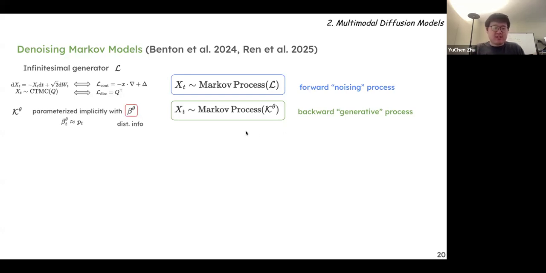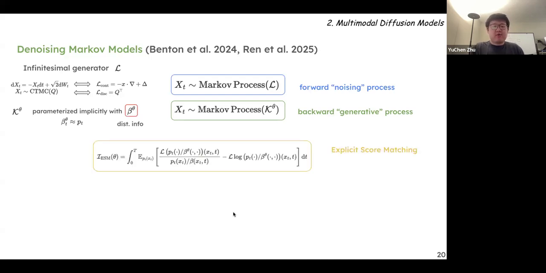If we learn this perfectly, ideally this beta theta is approximately the same as p_t, the ground truth marginal distribution of the forward process. Then the backward generator process will be a good time reversal of the forward one, therefore performing the generative task we want it to be.